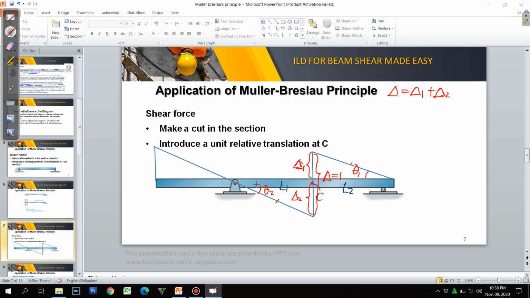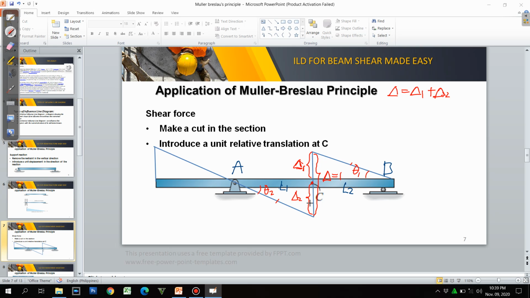Notice that L1 and L2 is within the boundary between these two support reactions. Since C here is in between these two support reactions, L1 and L2 will be tagged as between, say, if this is A and this is B, so L1 and L2 will be between A and B.